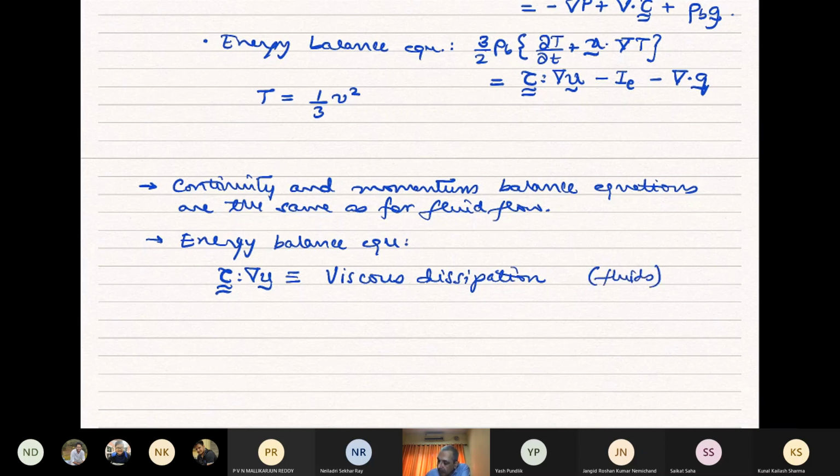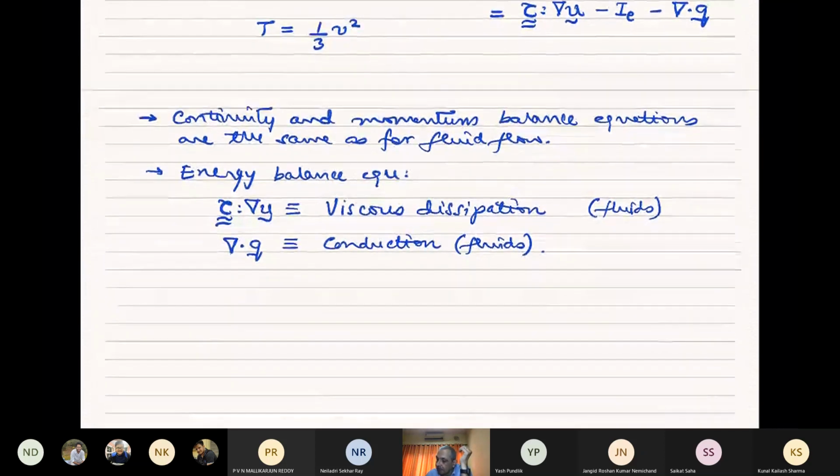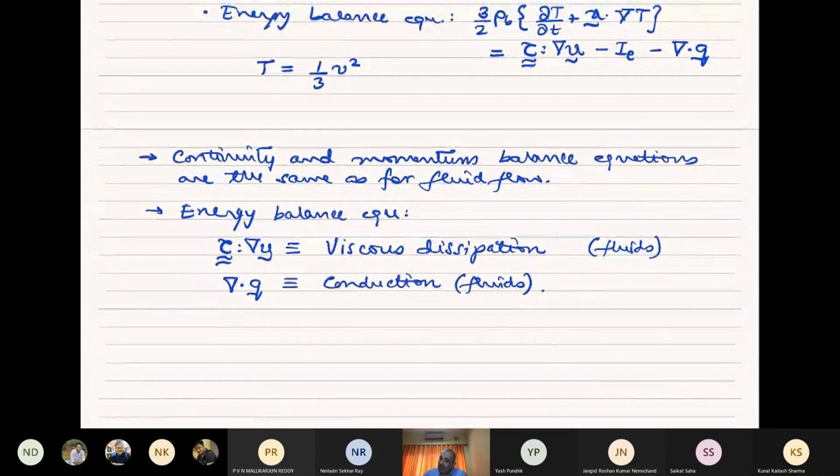Then you have, of course, divergence of Q. This is conduction. So the kinetic energy of the fluctuations can transmit through collisions and so forth in space, and that is analogous to conduction. And this is also very much seen in fluids. And of course, on the left hand side is convection.